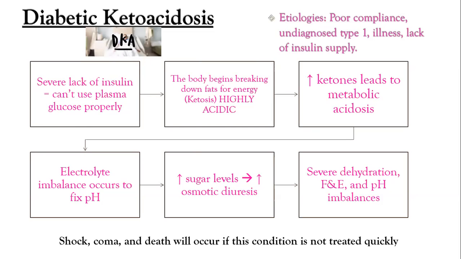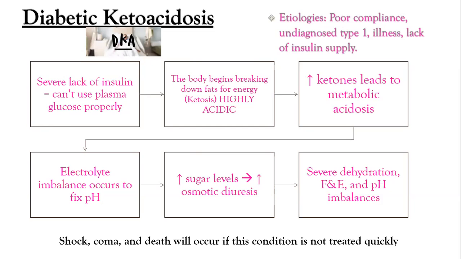So what's happening is that there's a severe lack of insulin, so then your cells cannot use the sugar, the glucose that's circulating in your bloodstream. It's high enough, you got plenty of it, but no insulin. So the body will do what it's going to do. It starts breaking down fats for energy. This is called ketosis. However, the byproducts are ketones.